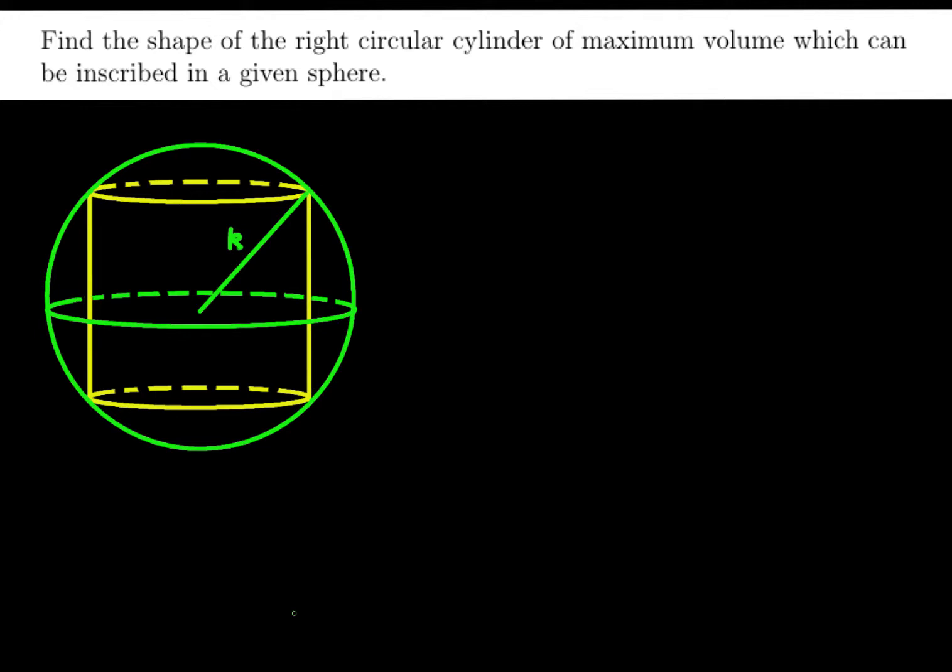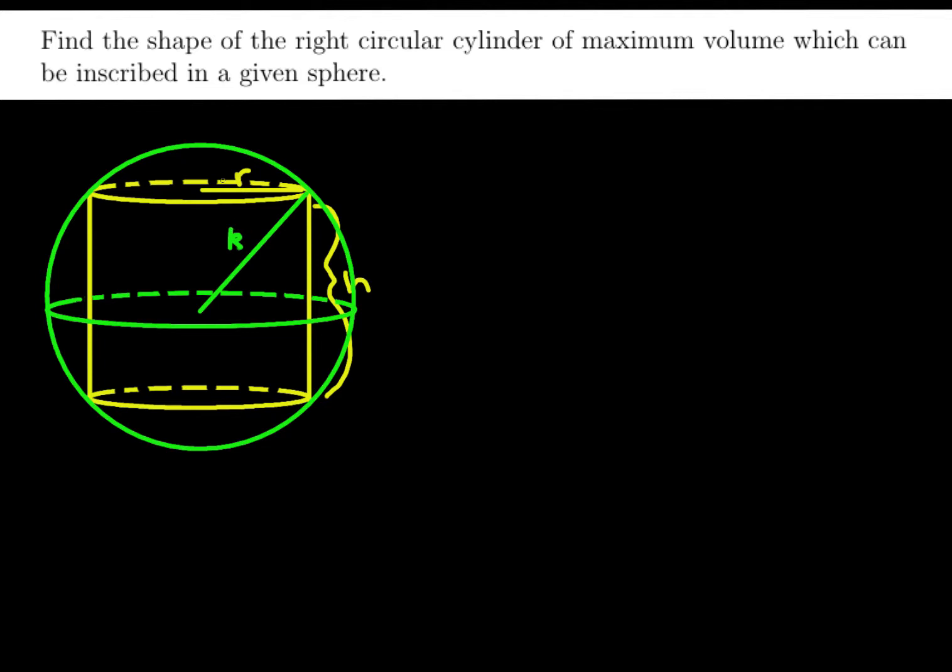So here's our sphere. Let's put some variables on the dimensions that we have control over. So we've got the radius r and then we have the height h.